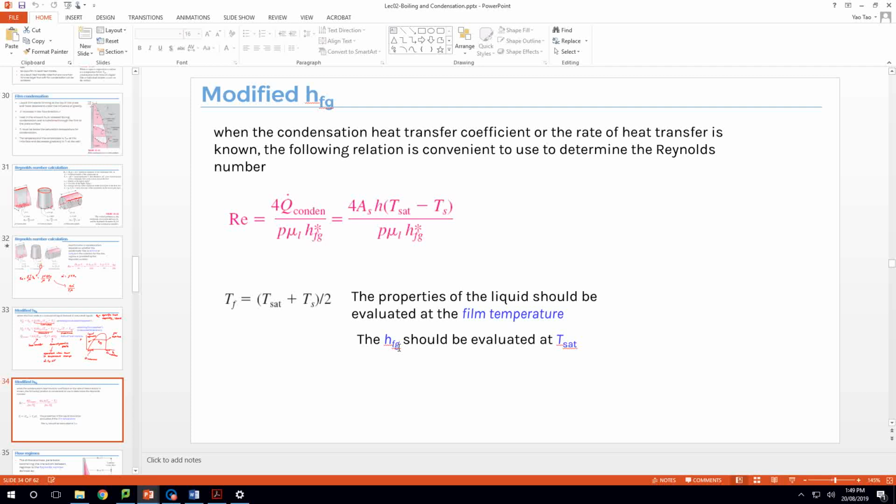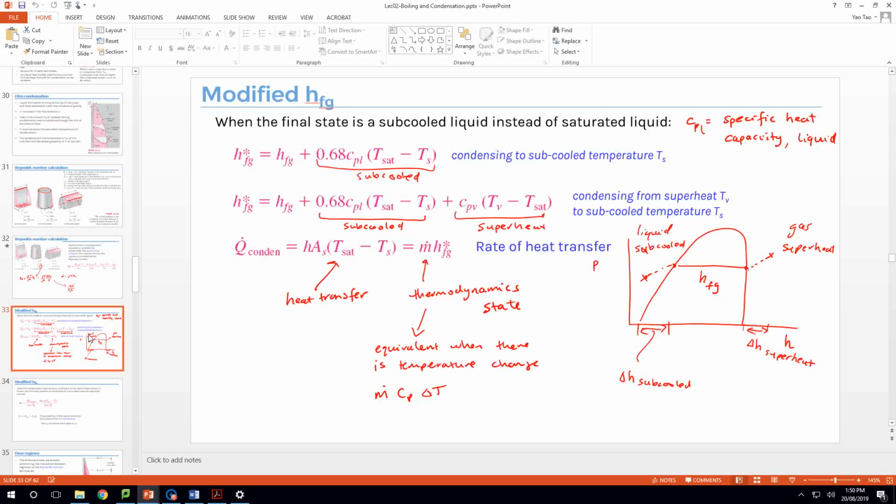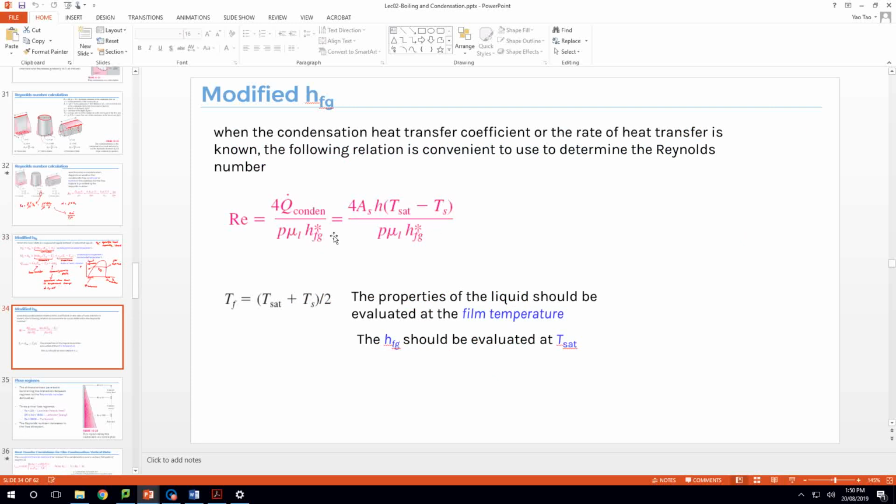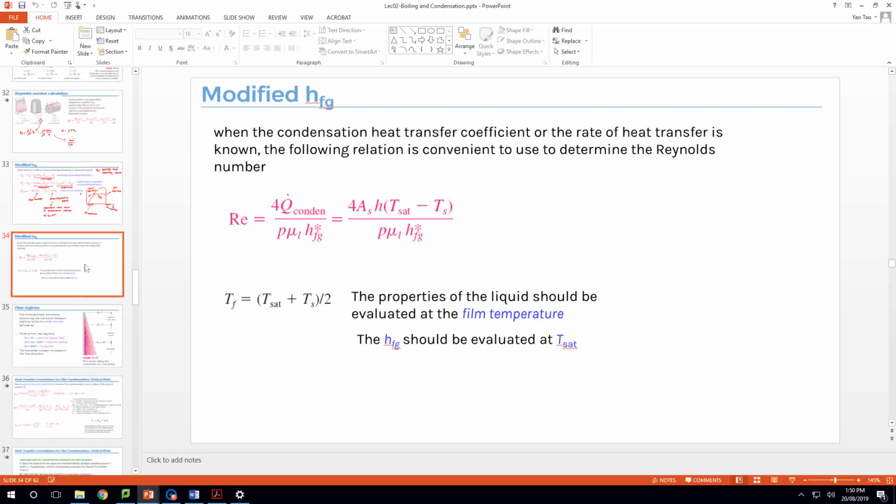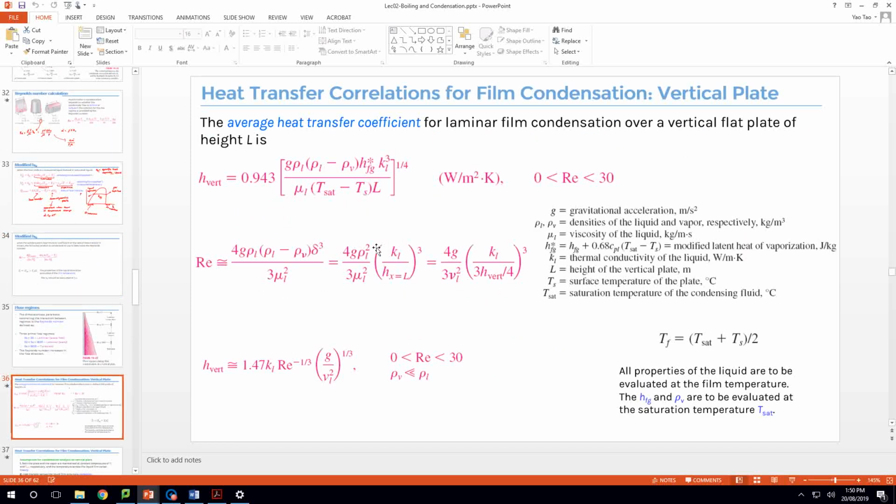So I believe I already explained this in the tutorial. So I guess it's fine just to remind you like this. That's something students always make mistakes in for the calculation of condensation. Other than this, I think all the other calculations should be fine.